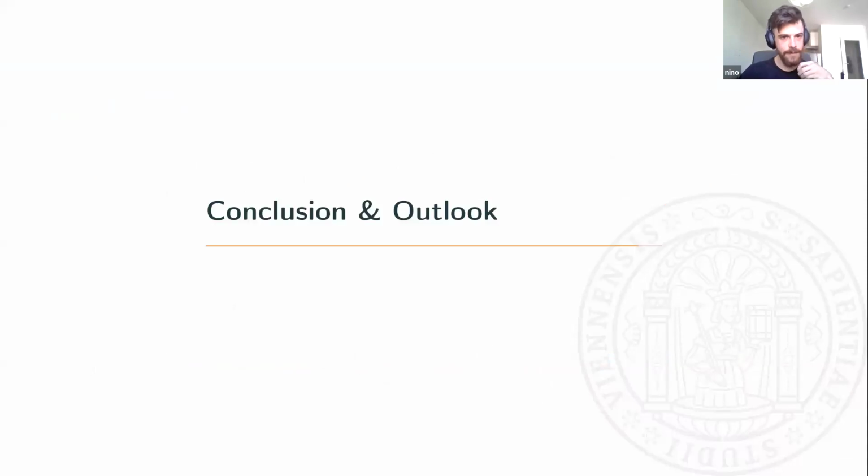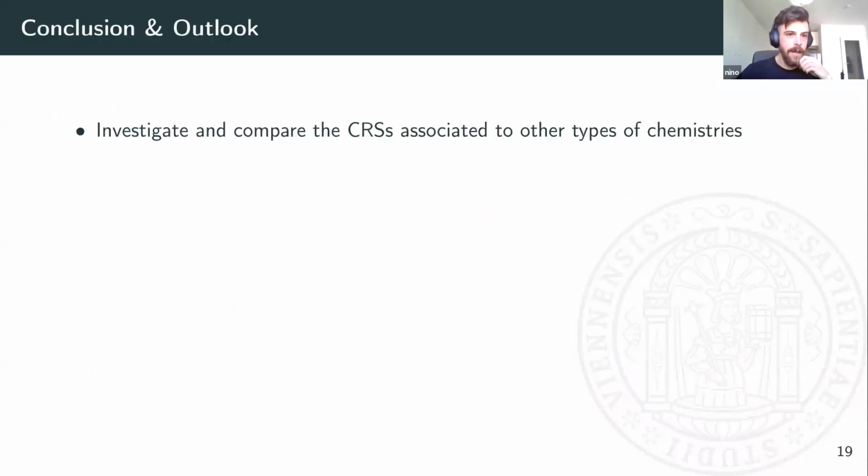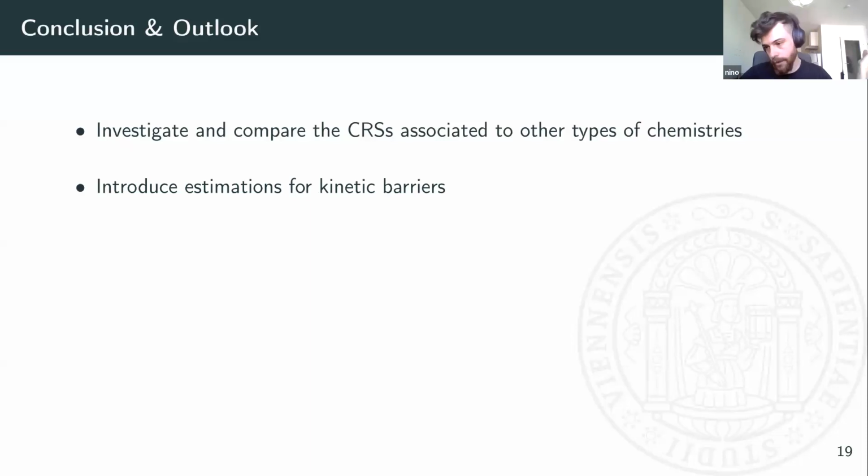So to wrap things up, basically what we now have is a nice way to study chemical reaction spaces. I showed here the formalized reaction, but in future I would definitely also try to apply this same method to other types of chemistries.